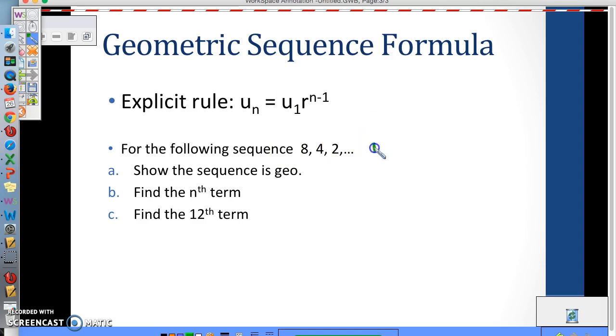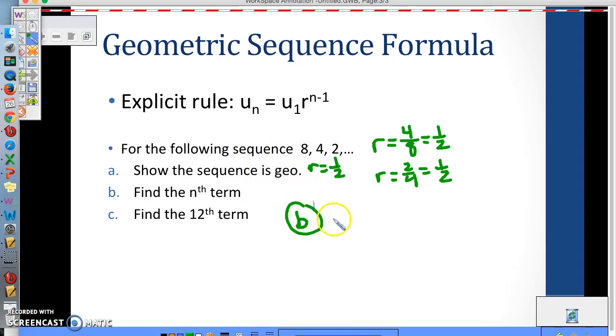So first we have to find our ratio. Well, let's see, 4 divided by 8 is 1/2. Or we could take this other one, 2 divided by 4, and we end up with 1/2 as well. So it's a common ratio of 1/2. Well, the nth term, u sub n equals our first term of 8 times our ratio of 1/2 to the n minus 1.